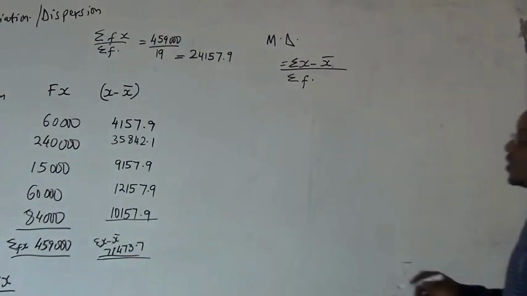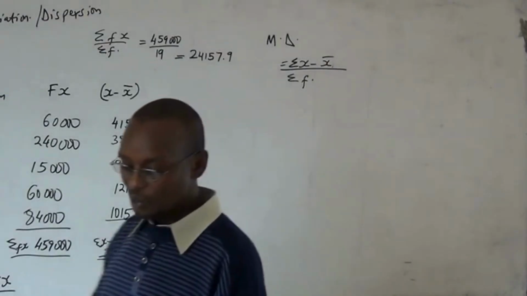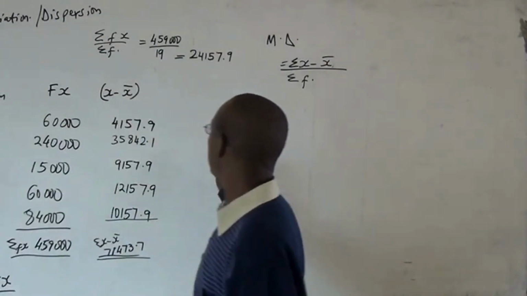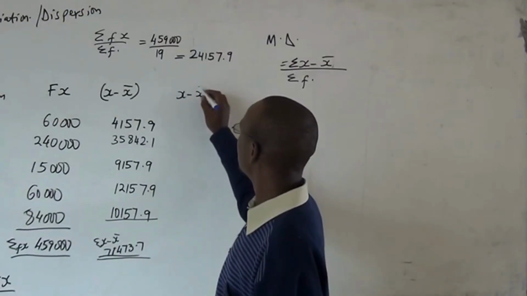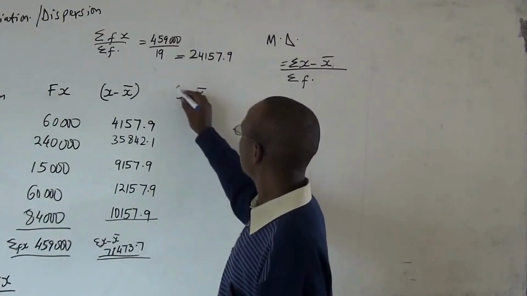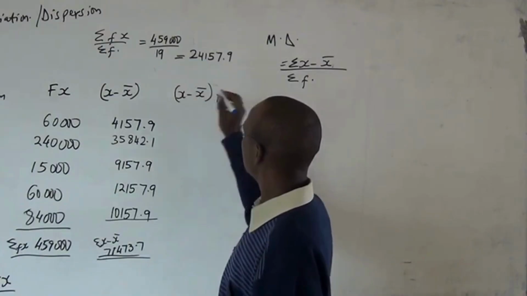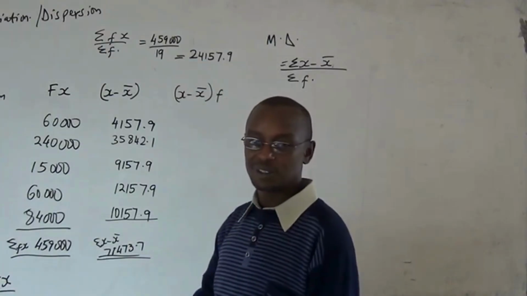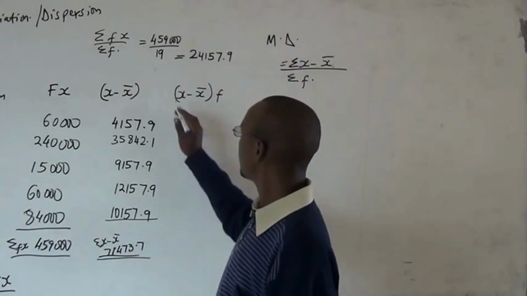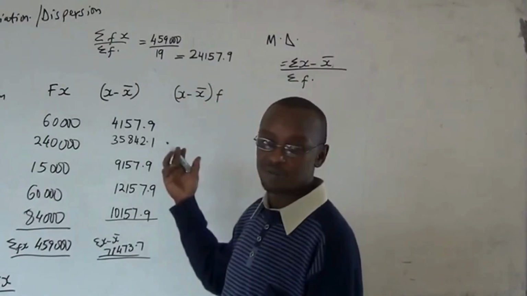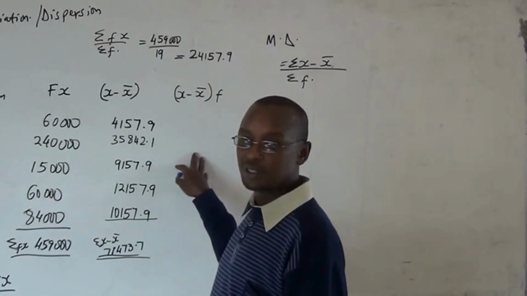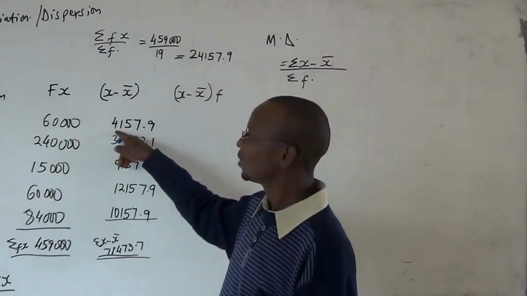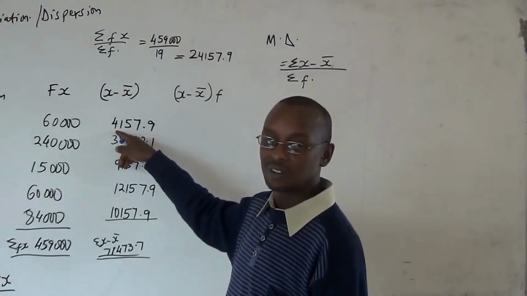We need another column here, which will be f times x minus x bar. So x minus x bar times f, which is this times this.